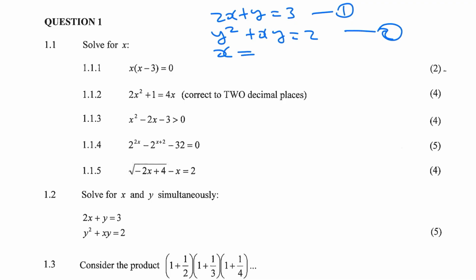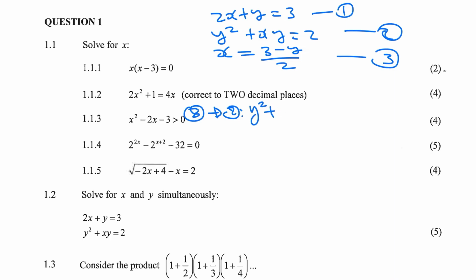Let's solve for x as a third equation. That's going to be x is equal to 3 minus y, and divided by 2 on both sides. So your x is going to be 3 minus y divided by 2. Meaning where there is x in the second equation, put 3 minus y divided by 2. So we're substituting 3 into equation 2.